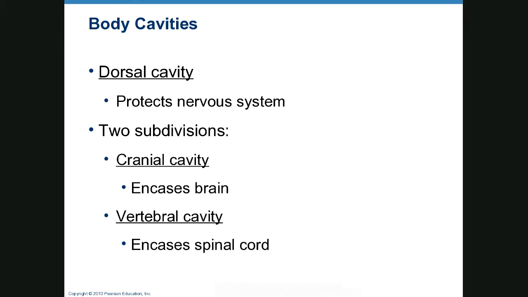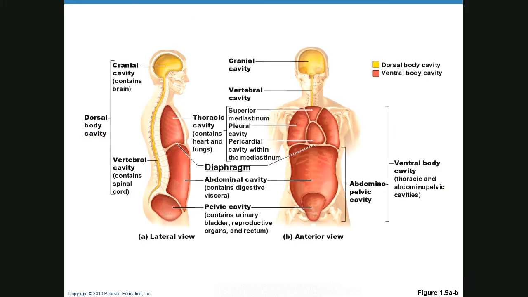Okay, and the body is divided into cavities, and I'm just going to go to the pictures here. The dorsal cavity is made up of the cranial cavity and the vertebral cavity. So this is the dorsal side of the body. So where your brain goes and your spinal cord goes. And then the ventral cavity is all this. And then it's divided in half into the abdominopelvic cavity here, and then the thoracic cavity here.